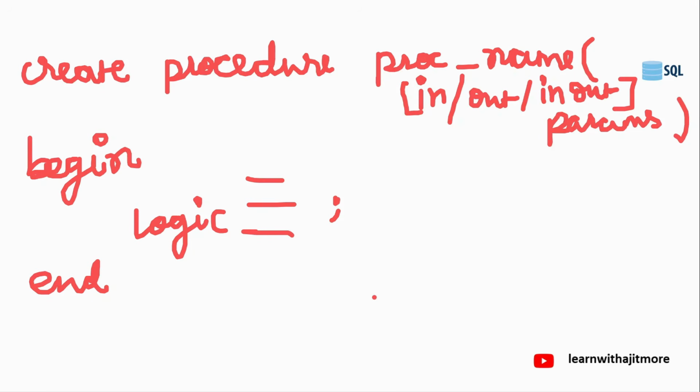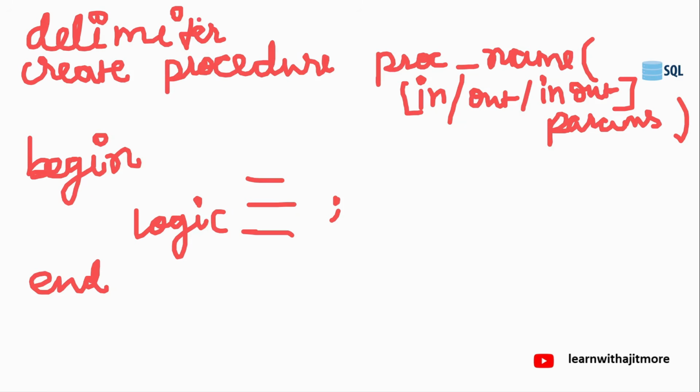So for the time being, you have to switch from this delimiter to some other, only on the Workbench side. There's one statement called delimiter. These things are not necessary in Oracle PL/SQL or in Postgres.